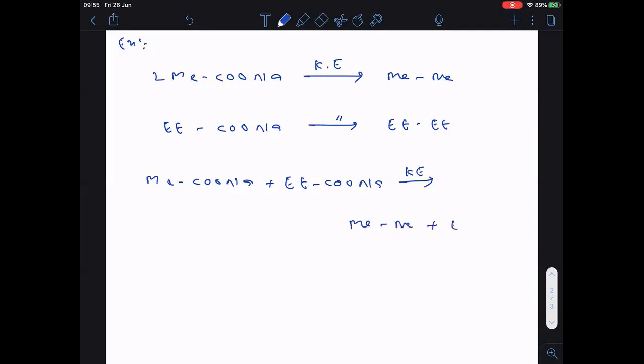One is Me–Me, the other one is Et–Et, and the other one is Me–Et. In this way, we will get a mixture of three alkanes. Hope you are copying this one.